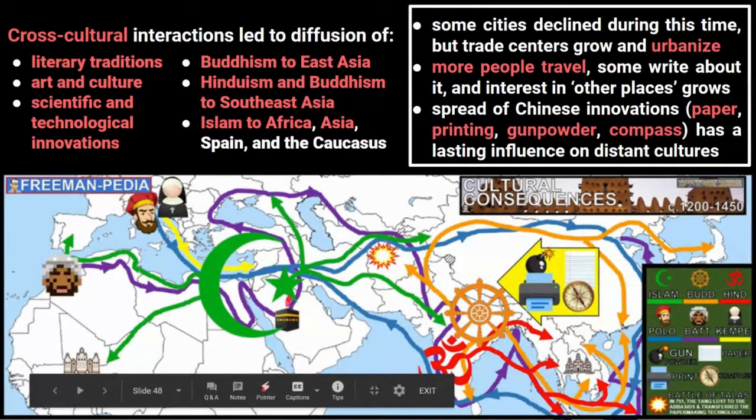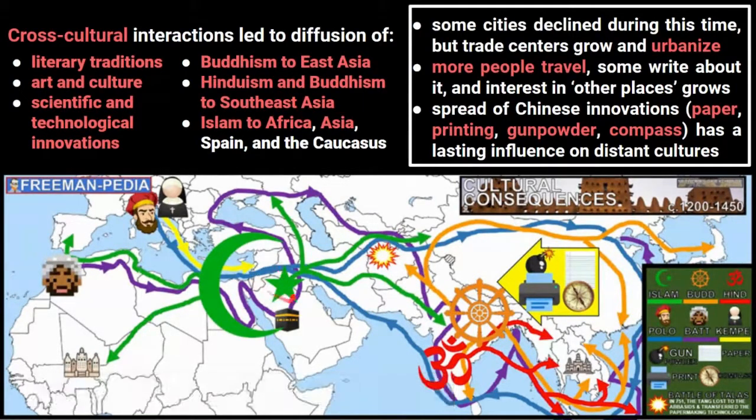Islam's going to spread from Arabia through North Africa into Europe, into Spain, and from North Africa into West Africa. It'll extend from Arabia up into the Caucasus region, which is really Eastern Europe or Western Russia.